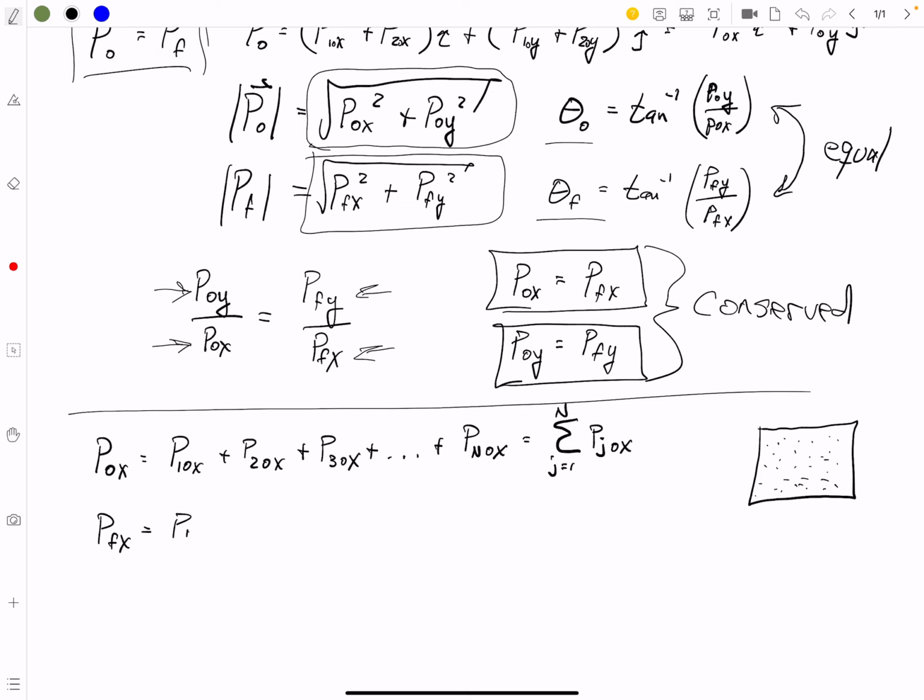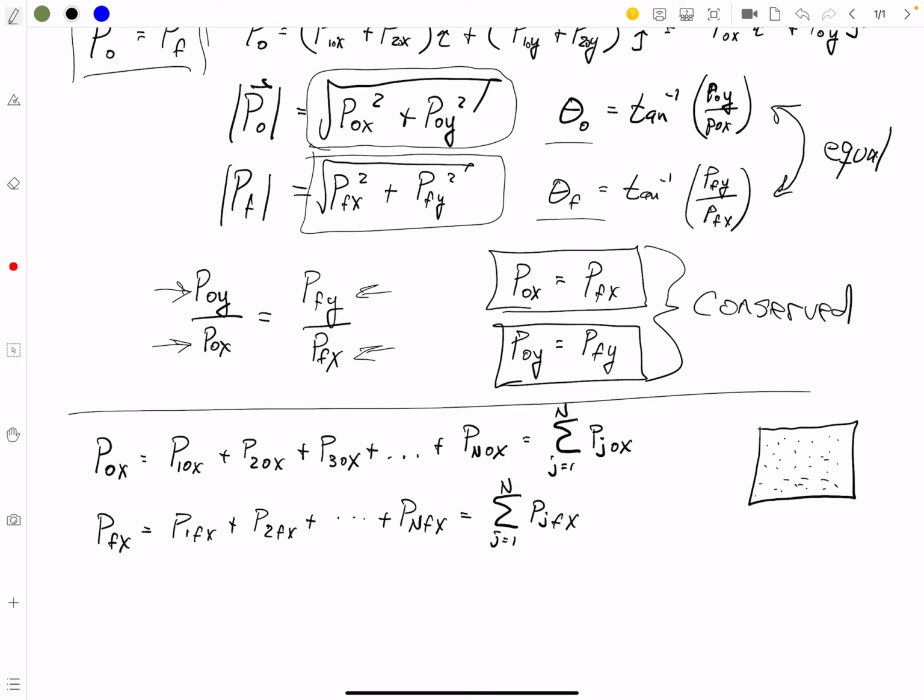So we have p1 final in x plus p2 final in x plus, and you guys get the picture, pn final in x, and we can then equate that. We can just easily rewrite that as the sum of pj final in x.